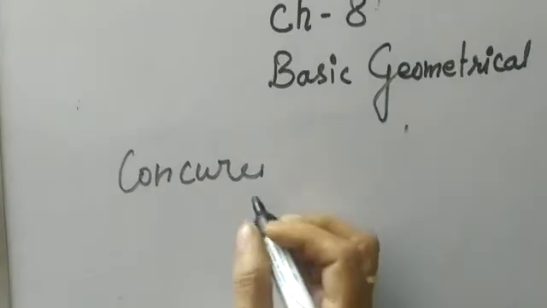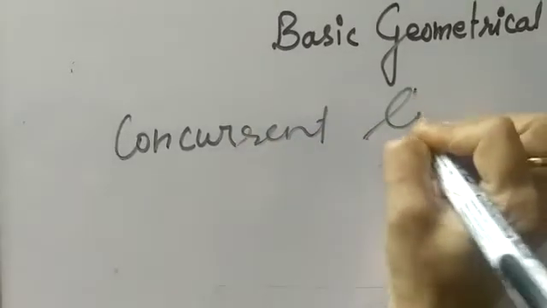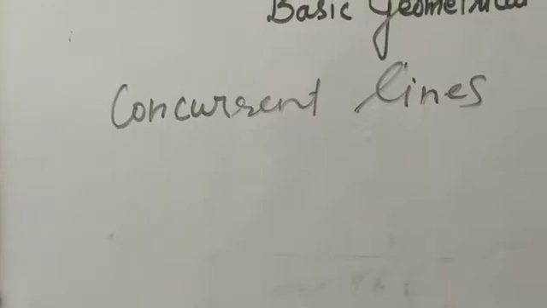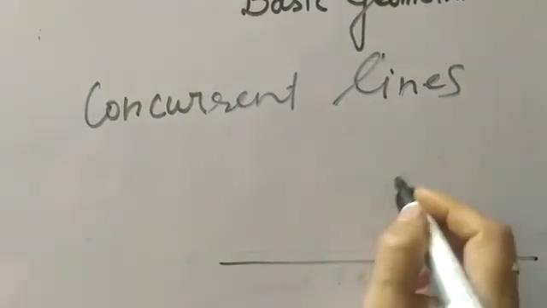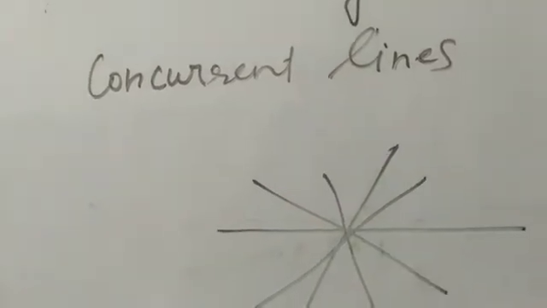After that we are having concurrent lines. So what do you mean by the concurrent lines? Three or more lines in a plane which pass through the same point are said to be your concurrent lines. Means बहुत सारी lines and they are passing through the same point.